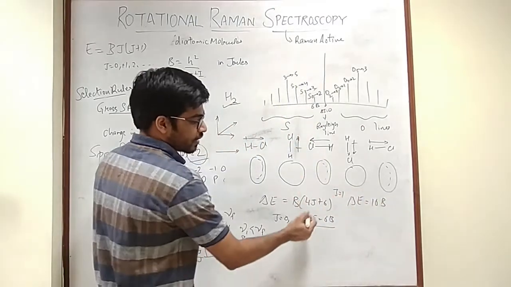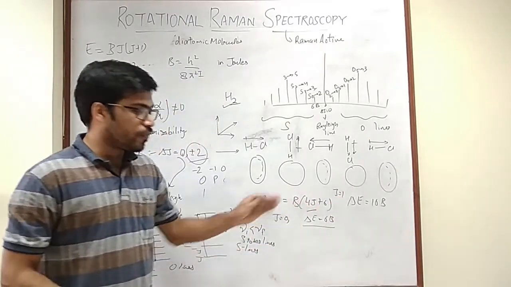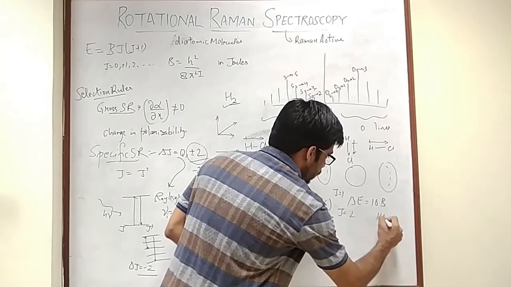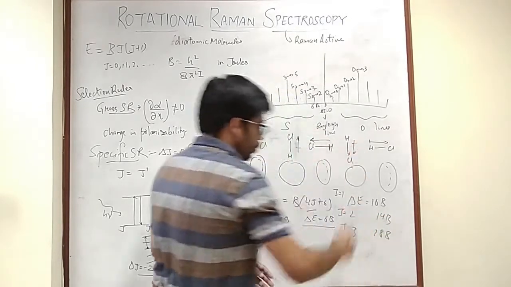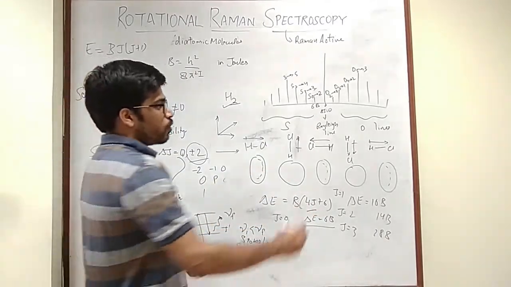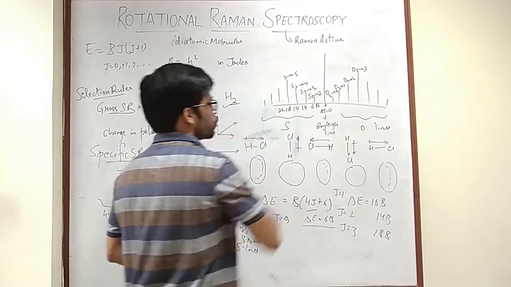And it should be clear that for every other value after 0, the difference is going to be 4B. For J equals 2, you will get 14B. For J equals 3, you will get 18B. So it is now going to change with respect to 4. That would mean this is 10, 14, 18, 22 and so on.